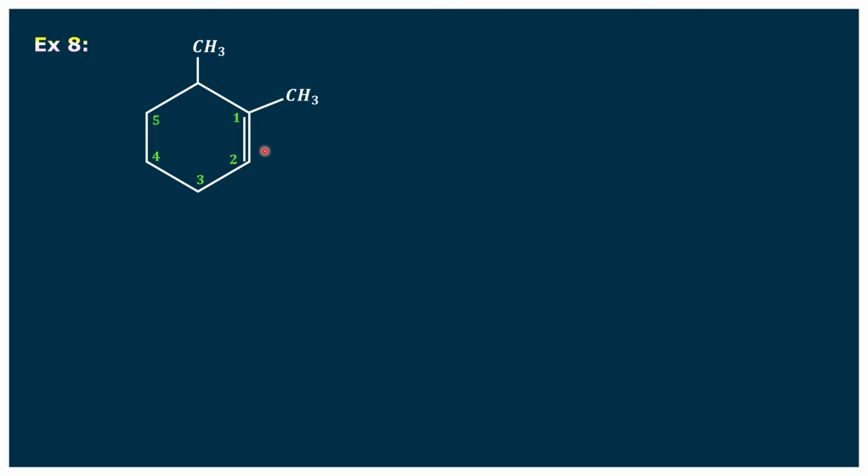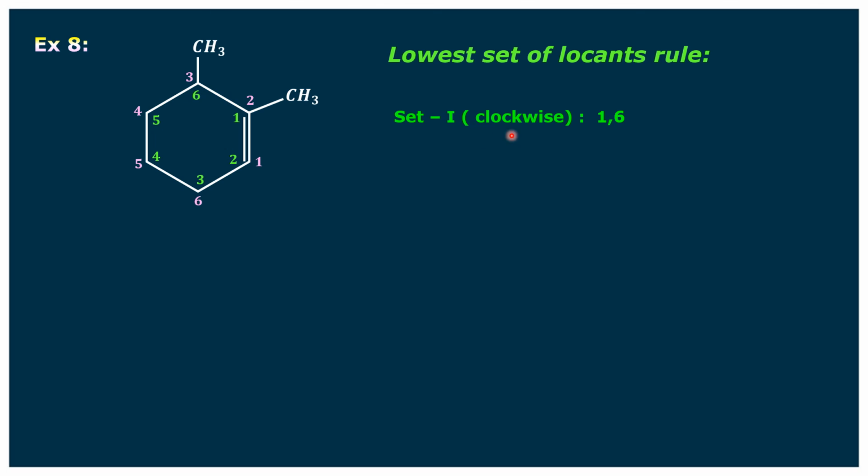So I am giving the numbering starting from here, 1 and 2 to the multiple bond carbon atoms, clockwise, and starting from here I can give the numbering anti-clockwise also. Which way of numbering is correct? To know that, let us use the lowest set of locants rule. Set 1, clockwise locants are, see here, 1, the first carbon atom is bearing the substituent, that is the methyl group, and the 6th carbon atom.